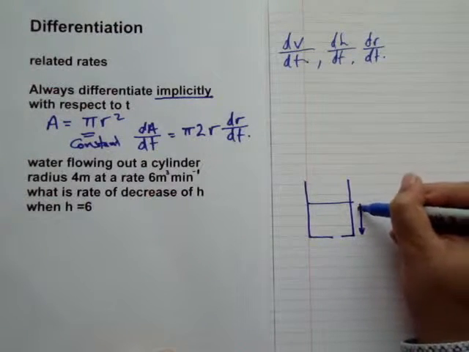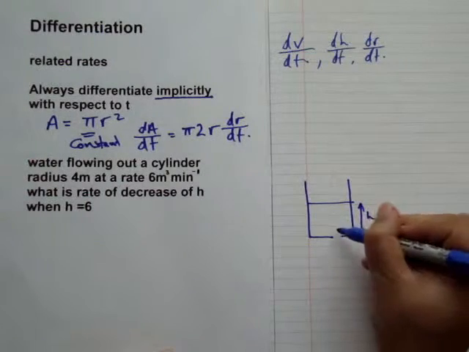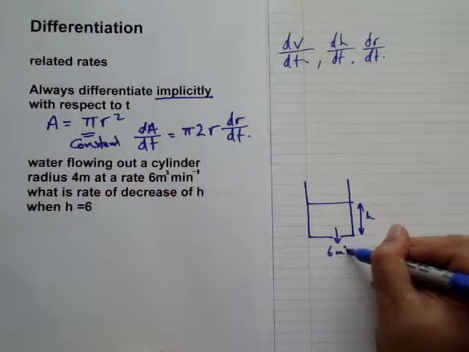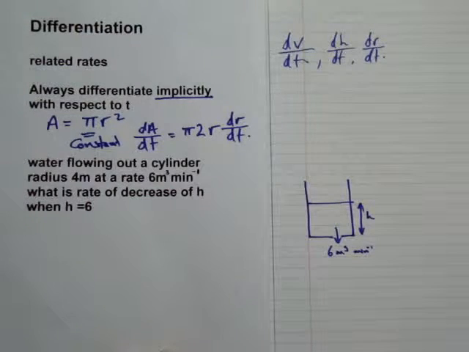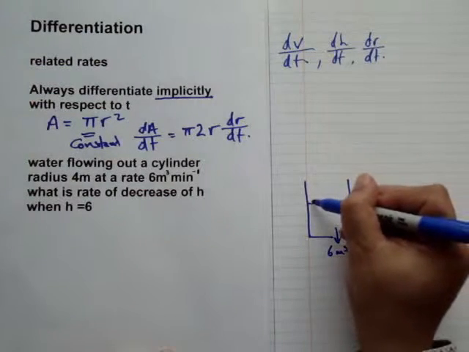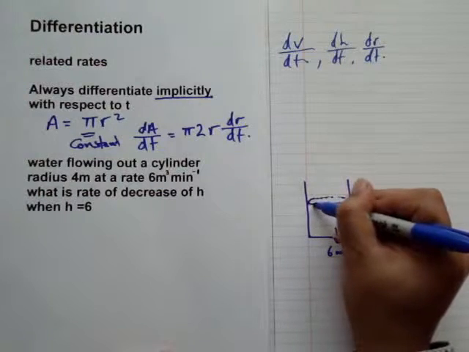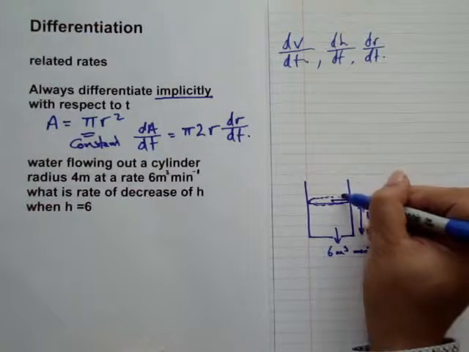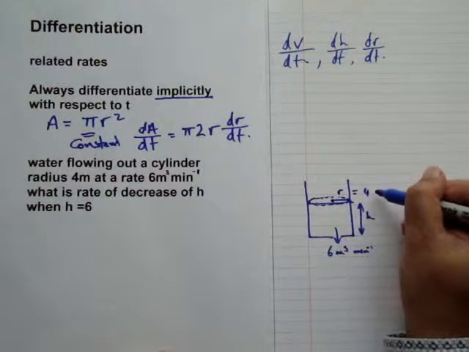This is h, and the water is coming out at a rate of 6 meters cubed per minute. And also we know that the radius, from the center to the outside, equals 4 meters.